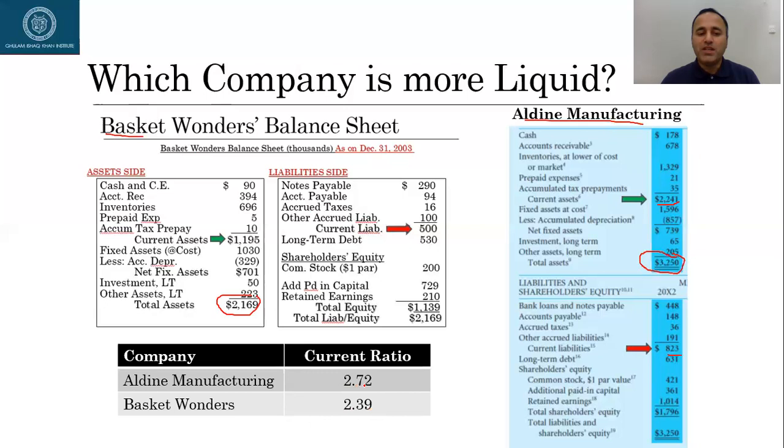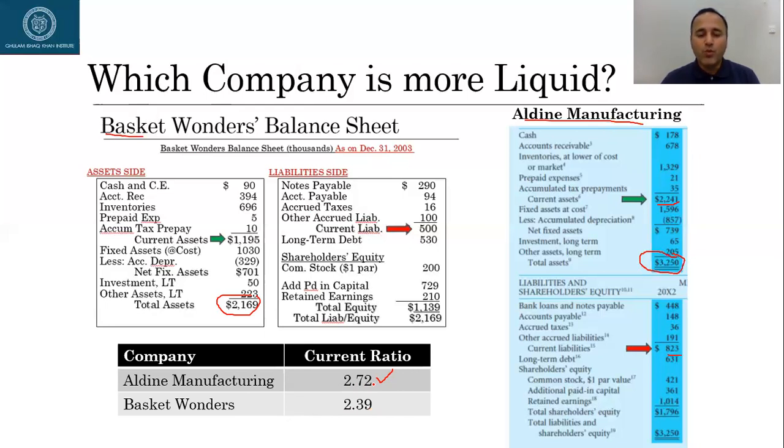This ratio means for Aldine Manufacturing that for every dollar of current liability, they have $2.72 in current assets, which means that they are in a comfortable position to pay their short-term liabilities.